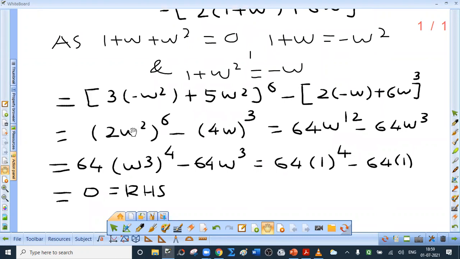Now this is 2 omega square raised to 6 and this is 4 omega cube. So 64, 2 raised to 6 is 64, omega raised to 12, minus 64 omega cube. Omega raised to 12 is the fourth power of omega cube, but omega cube is 1. So 64 minus 64 equal to 0, which is nothing but the right hand side.